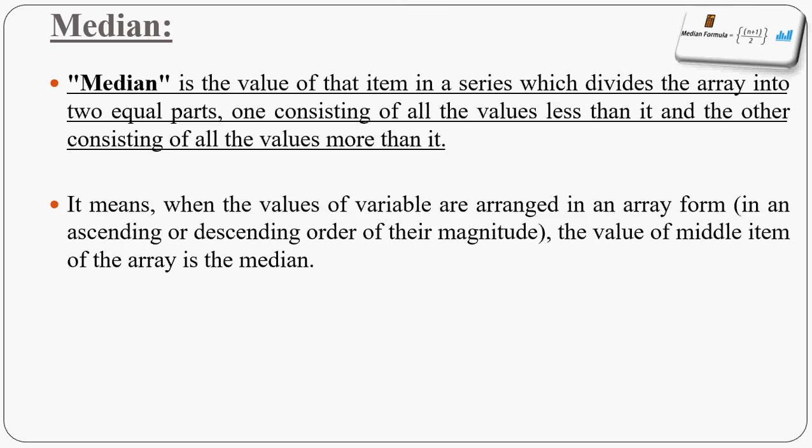So when the values of variables are arranged in an array form, in ascending or descending order of their magnitude, the value of the middle item of the array is what we call median. That's what I told you. Median is nothing but the mid center. Whatever the series of numbers may be, we need to calculate the mid-center value.